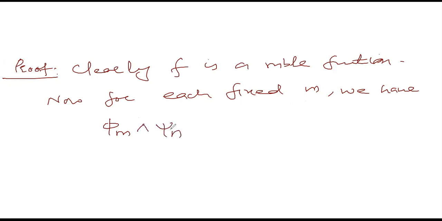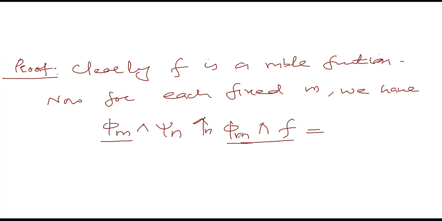Psi n increases to f, so this will increase to phi m meet f. This limit is with respect to n, and phi m is fixed. Psi n increases to f, therefore phi m meet psi n will increase to phi m meet f. And what is the meet of these two functions?